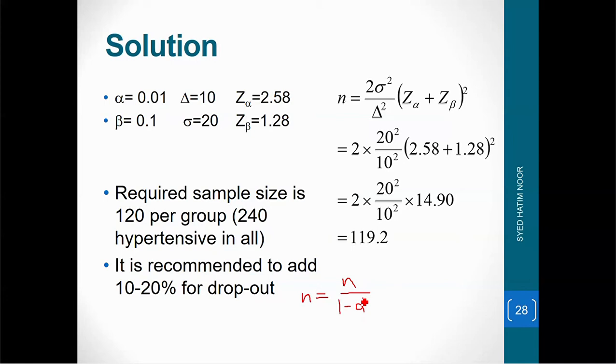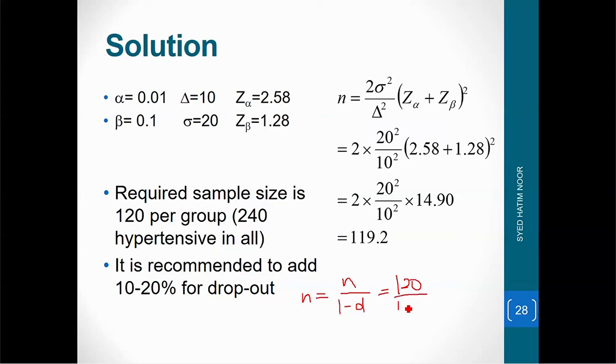Say you calculate a sample size of 120. Since I do a survey, based on previous literature the non-response rate will be 40%. So what is your response rate? Only 60%. So this is non-response.